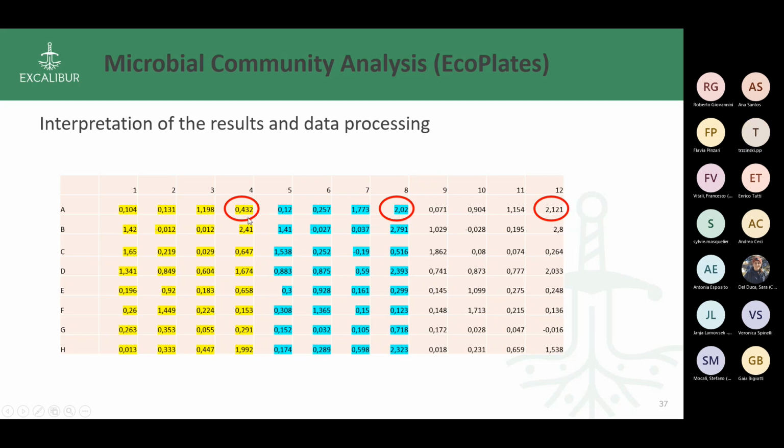So you have to spend some time to process the data. Yes. So here we have to use not 0.4 but 2 and something. Yes. But everything depends on the negative control.